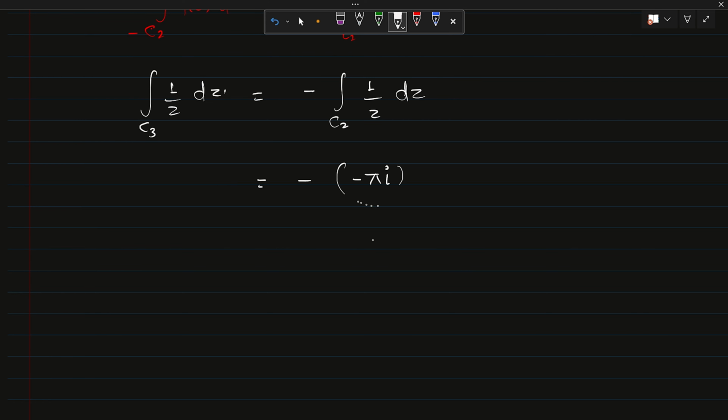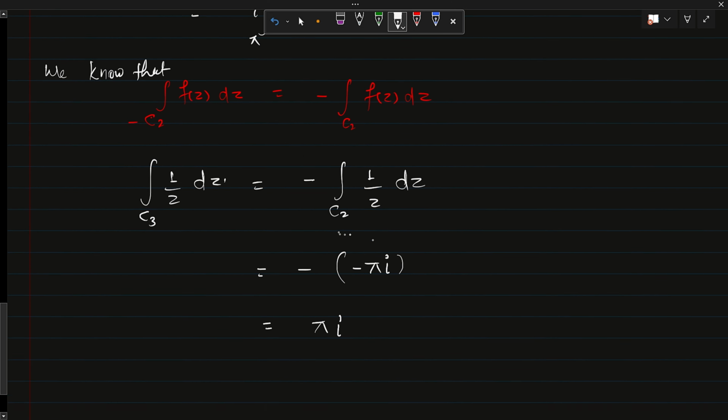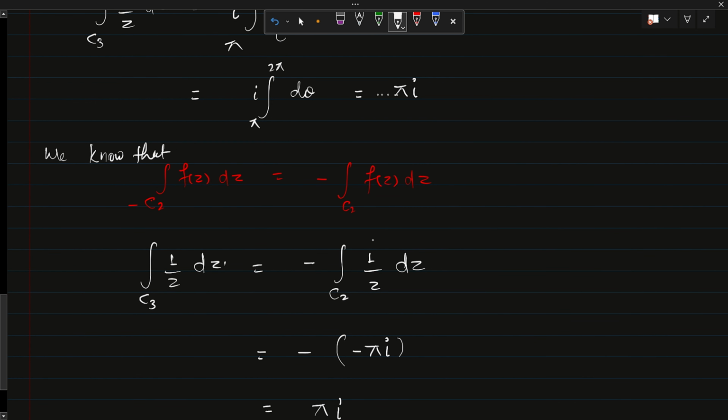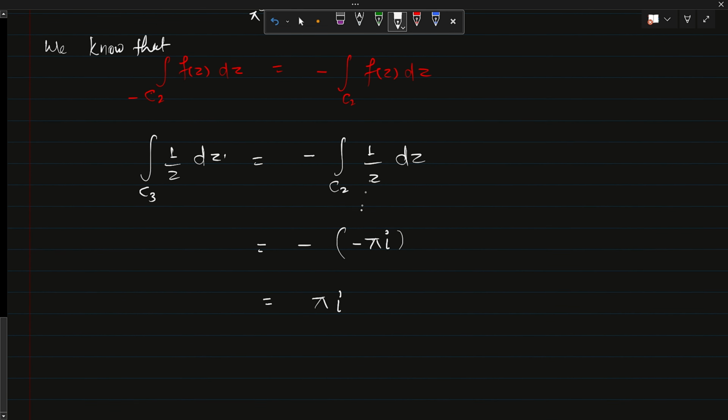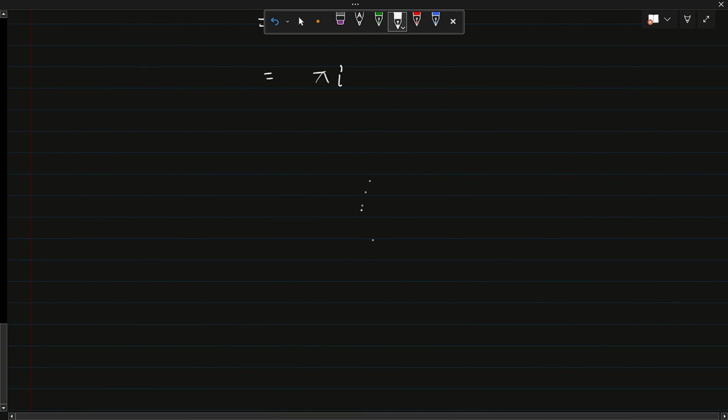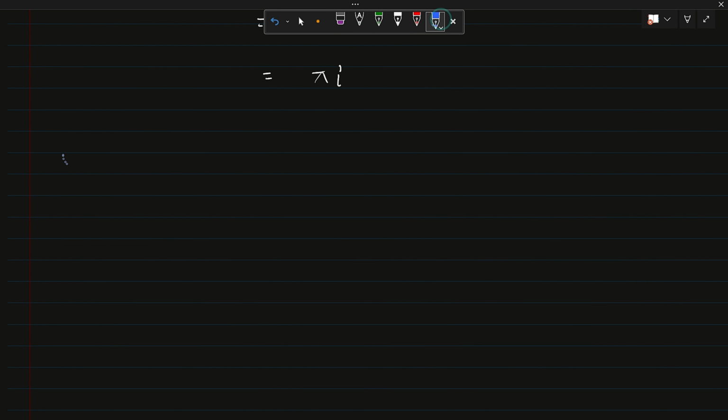Okay, we have calculated this and this is equal to pi iota. तो चाहे हम इस तरीके से आइडेंटिफाई करें या इस तरीके से, दोनों से ही हमें इंटीग्रल की वैल्यू सेम ही मिल रही है.